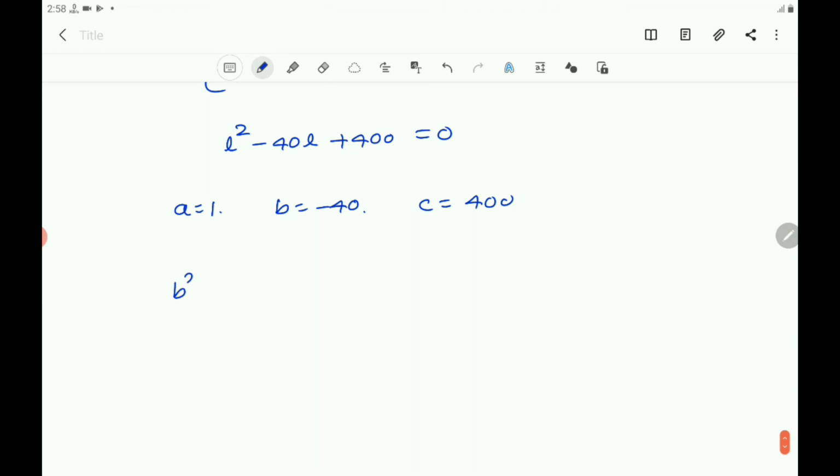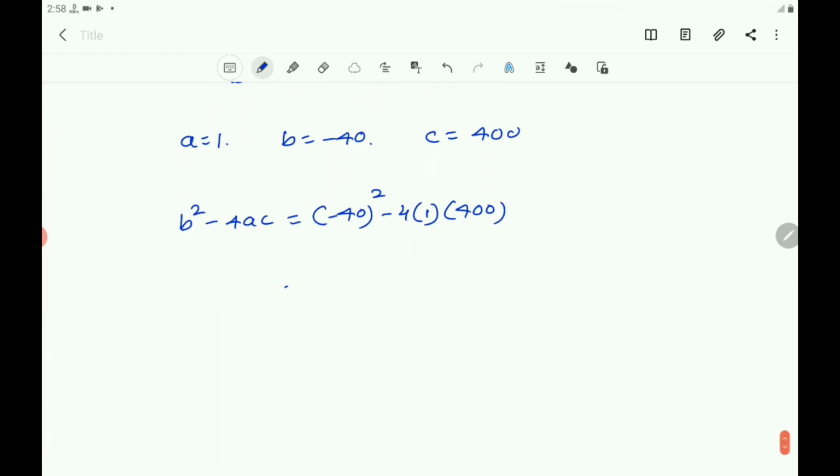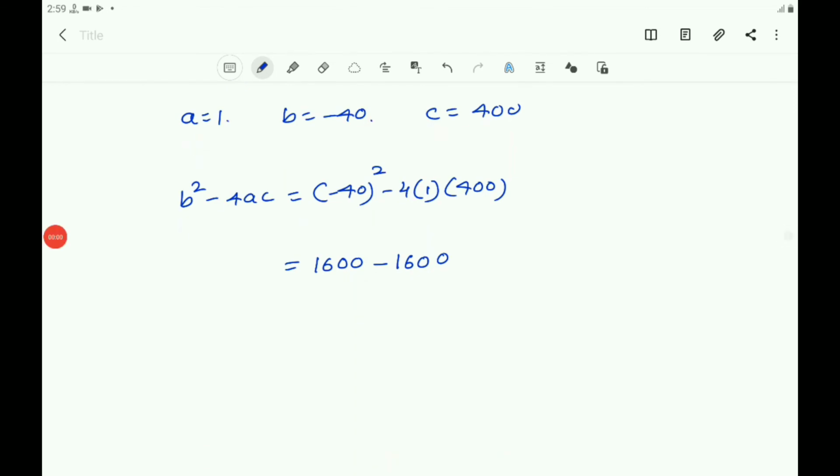Then b square minus 4ac is minus 40 whole square minus 4 into 1 into 400, that is 1600 minus 1600, so b square minus 4ac equals 0.